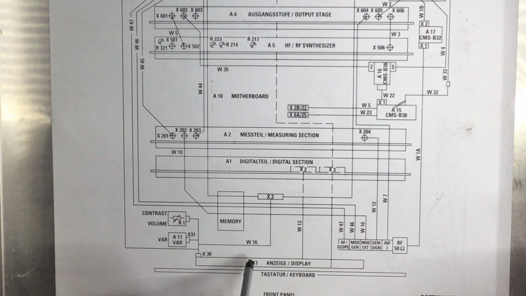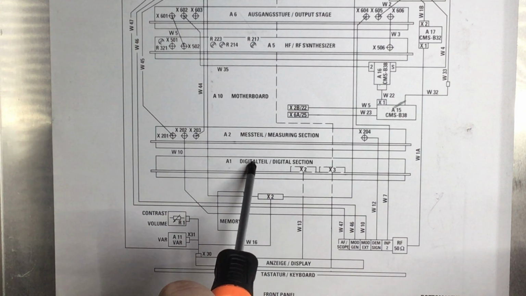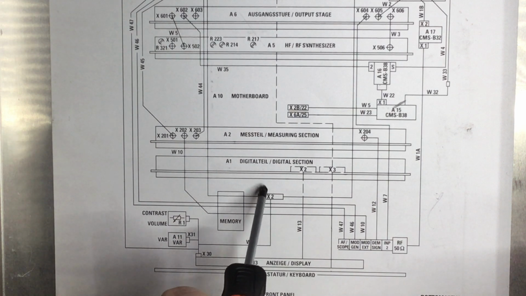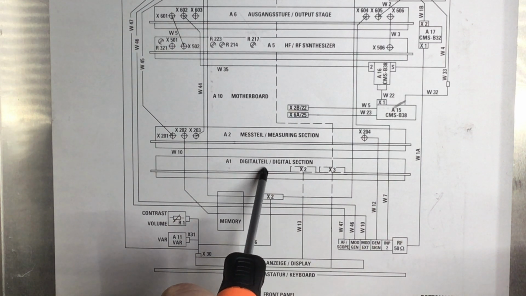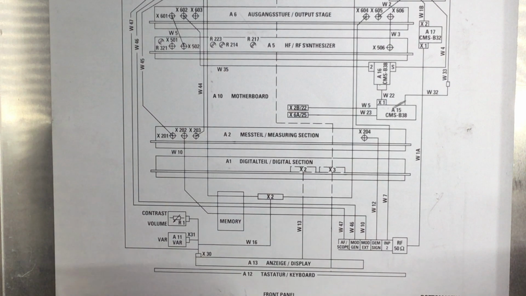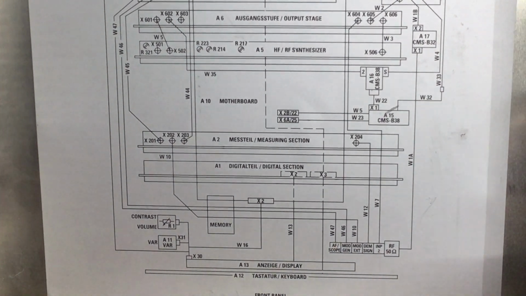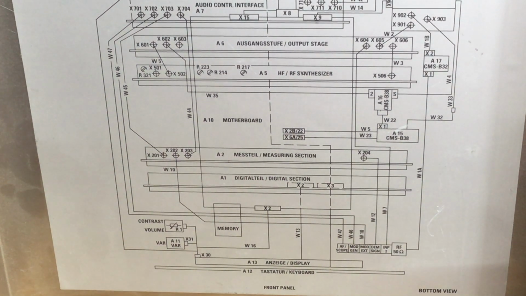So that's interesting, but at least it doesn't go direct into the digital section. It goes to the motherboard first before then going to the digital module. So that's a little bit of information that we didn't know before.